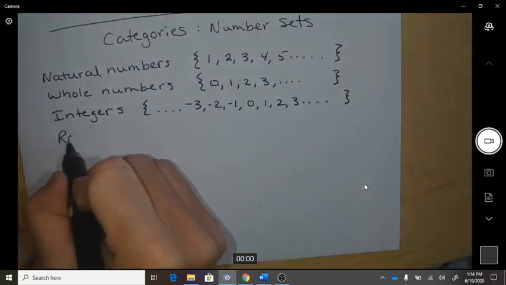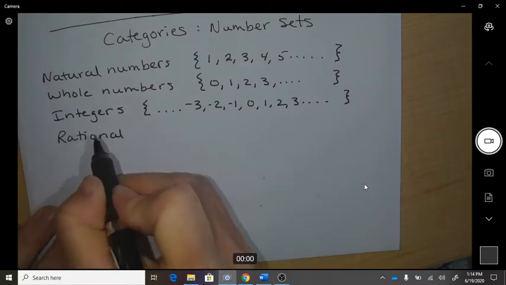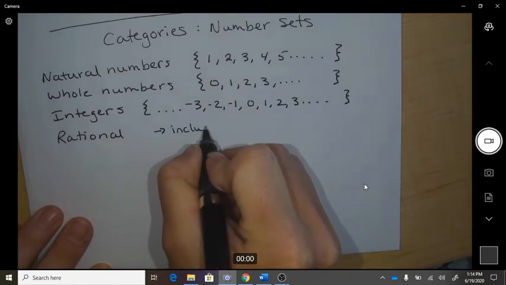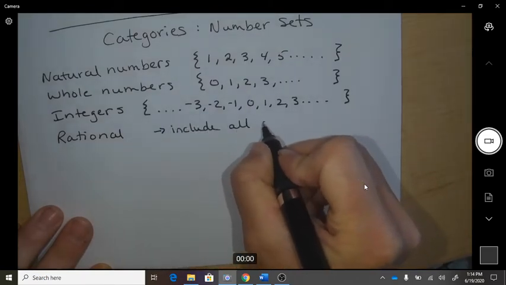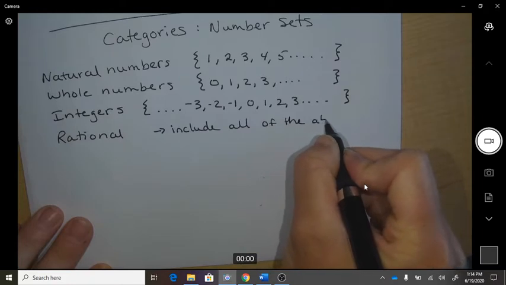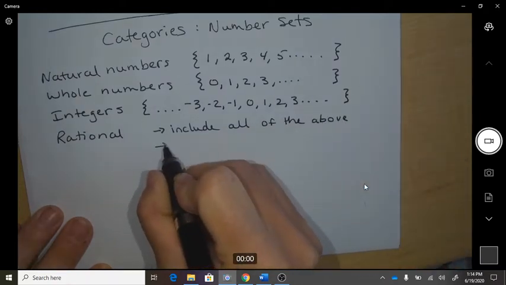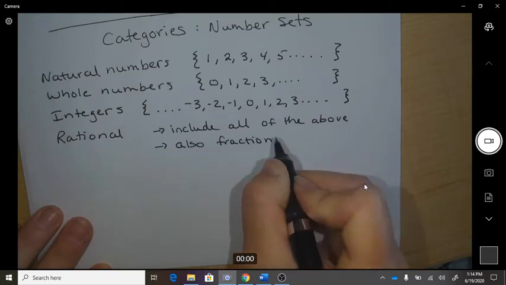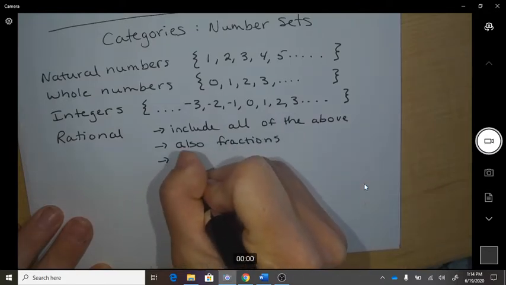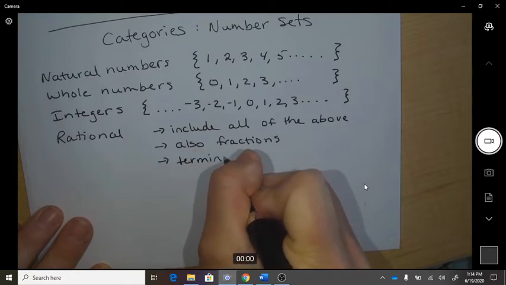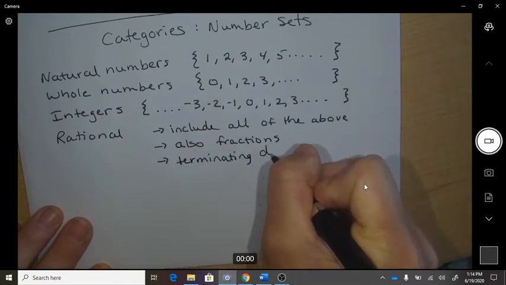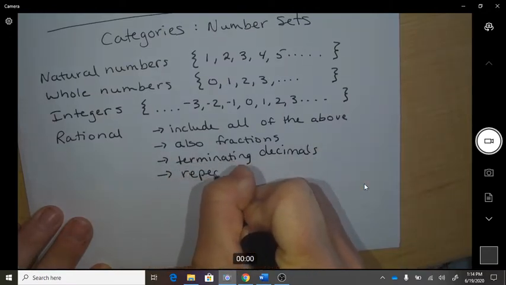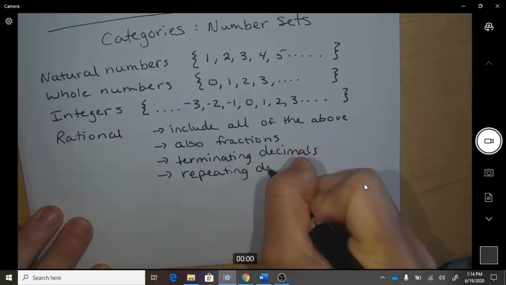Okay, the next category would be rational numbers. So this would include all of the above. Also fractions or terminating decimals or repeating decimals.